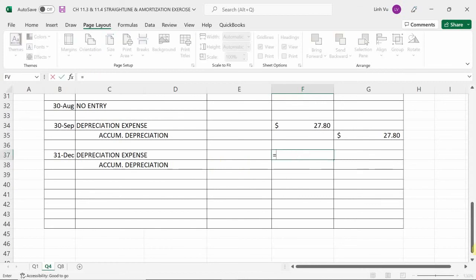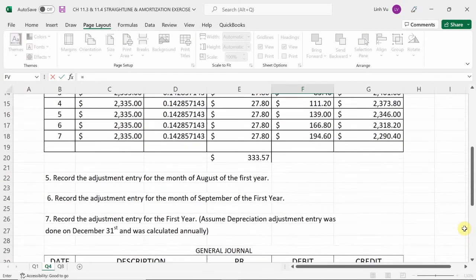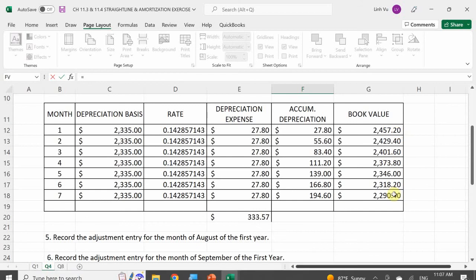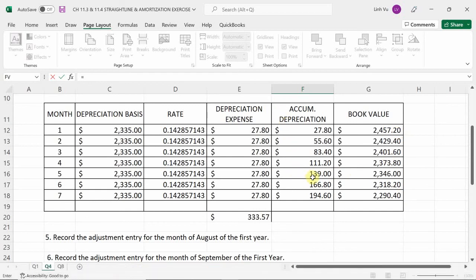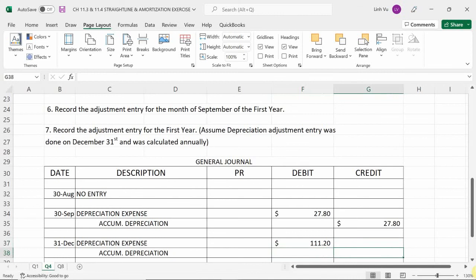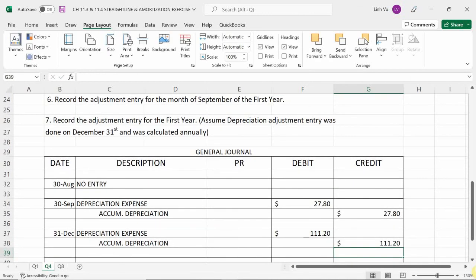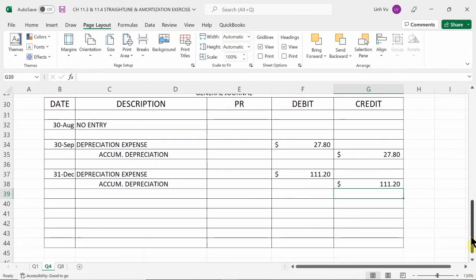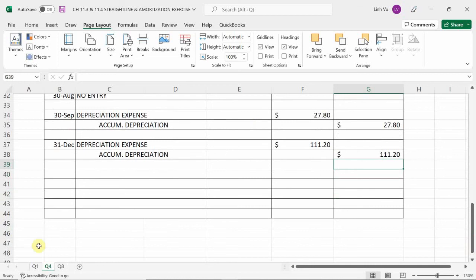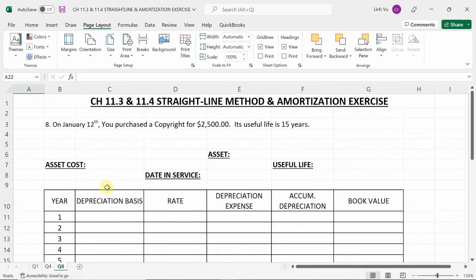So that's how I would depreciate it if I was converting it from months to years. The first year would be 4 months. So therefore, $111.20.